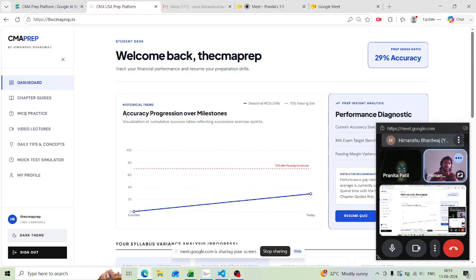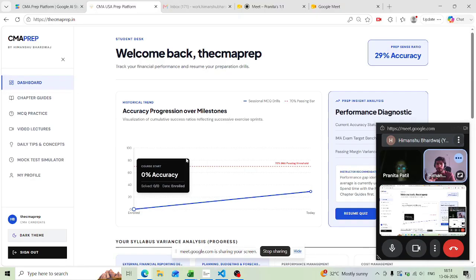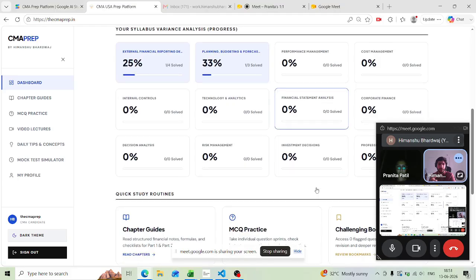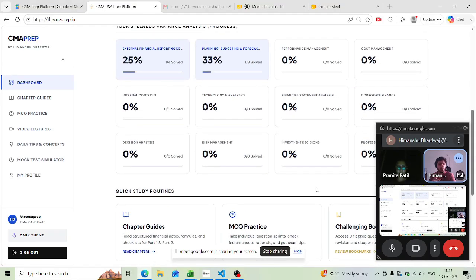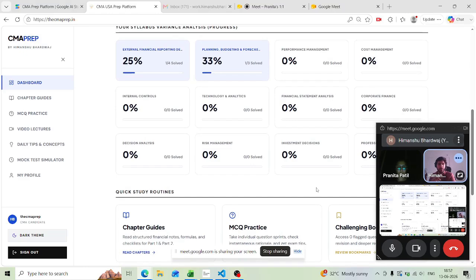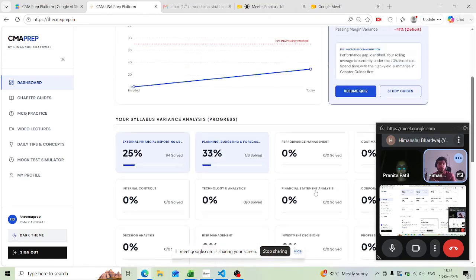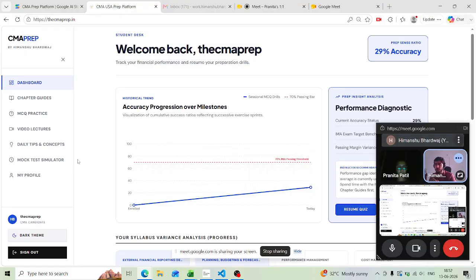Once you add your credentials here, you will get this particular dashboard where you will have everything, like how many MCQs you have solved, percentage-wise for the whole section. We have both parts here, part 1 and part 2, but for the lectures we are starting with part 2 as of now. Then you have chapter guides.